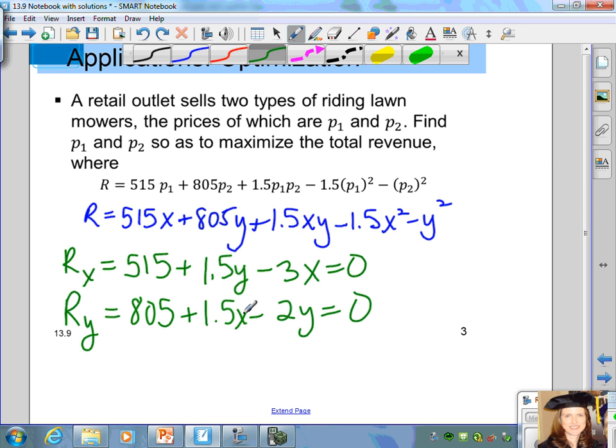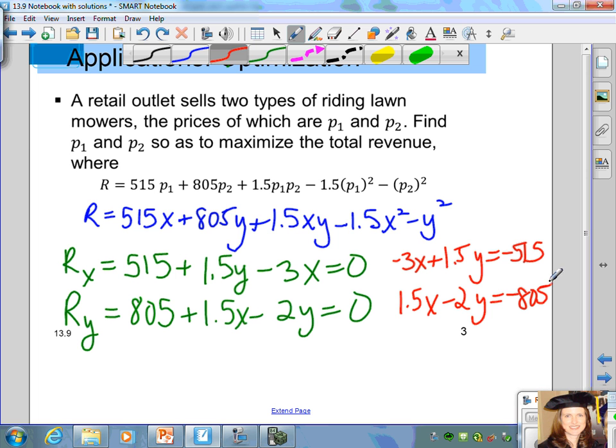So notice, again, we have a system of linear equations. We can use the substitution method, the elimination method, or the matrix method. In order to use the matrix method, we do want to write the system of equations in that form. Negative 3x plus 1.5y is equal to negative 515. And then when you rearrange the terms here, you get 1.5x minus 2y is equal to negative 805.